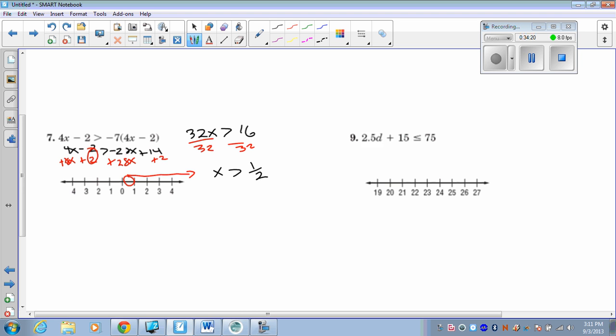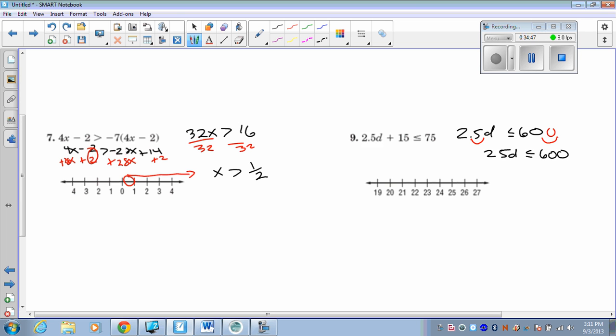All right. Over here, this one's a simple 2-step. Subtract 15 from both sides, and you get 2.5d is less than or equal to 60. Divide by 2.5. Again, if you don't like the decimals, little trick, multiply everybody by 10, and that just allows you to scoot your decimal point over. So then I have 25d is less than or equal to 600.